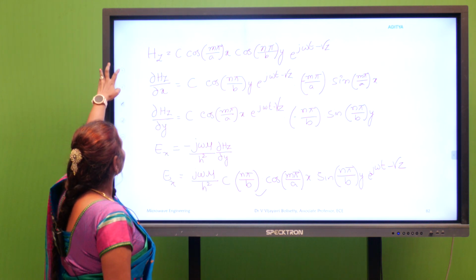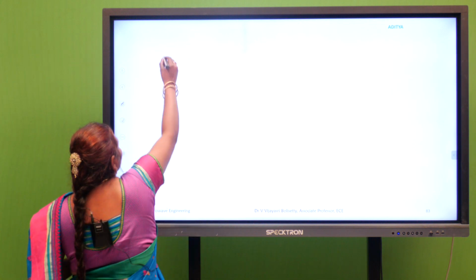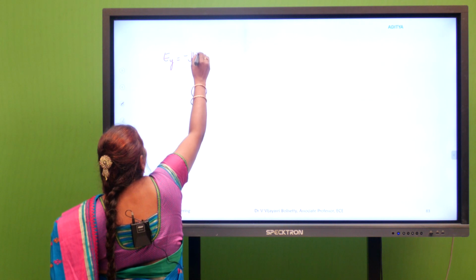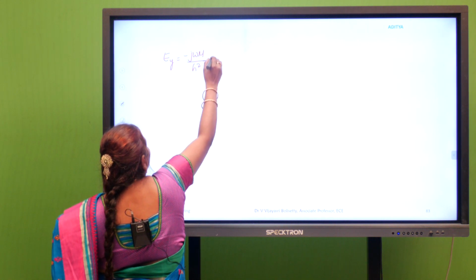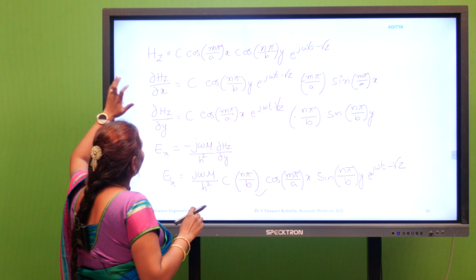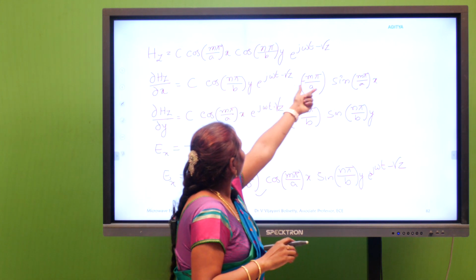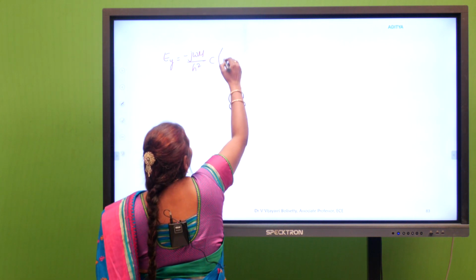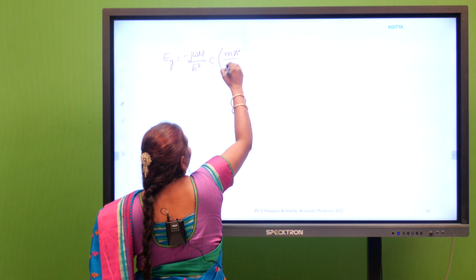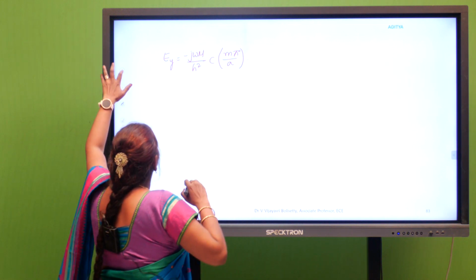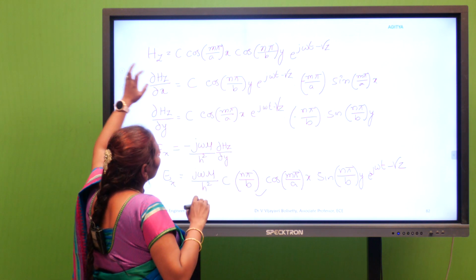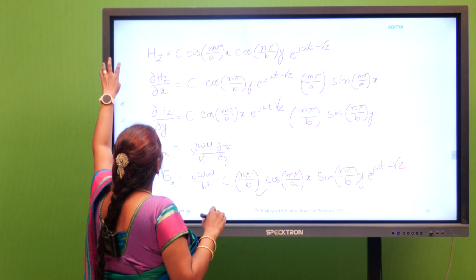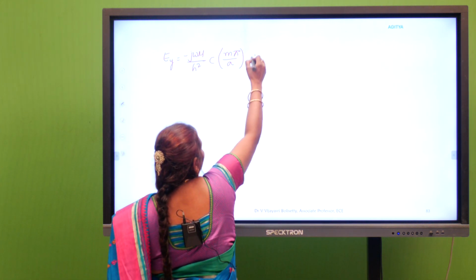So let us write what is Ey. Ey is equal to minus j omega mu by h square c, and we have to substitute m pi by a into sin m pi by a x cos n pi by b y e power j omega t minus gamma z.